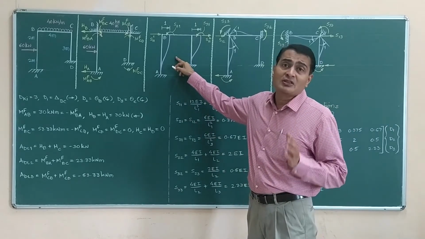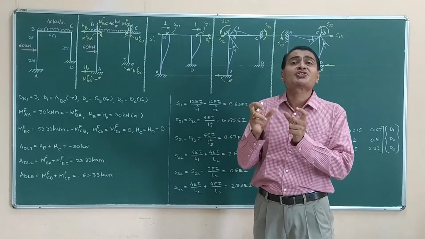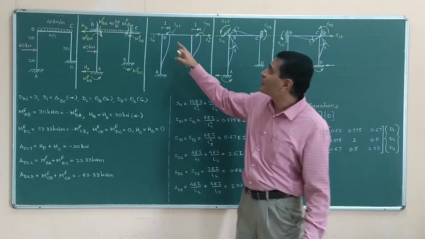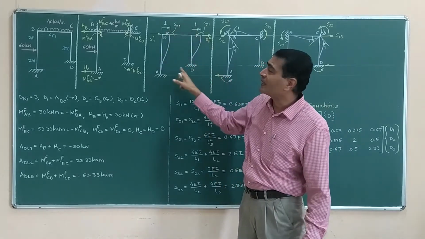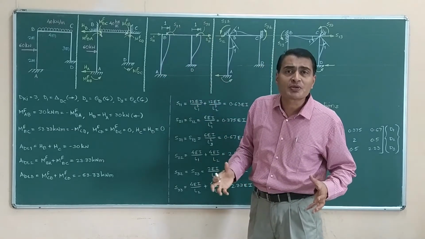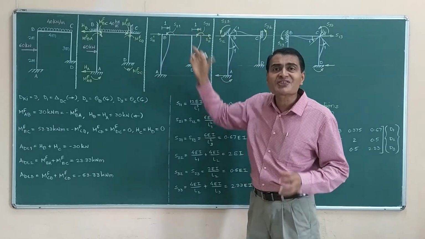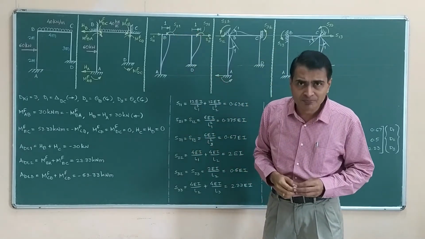Our D1 is translation or sway. So what we are doing? We are giving unit sway to the entire frame, or in other words, we are imagining that BC is getting displaced rightwards by a unit amount.